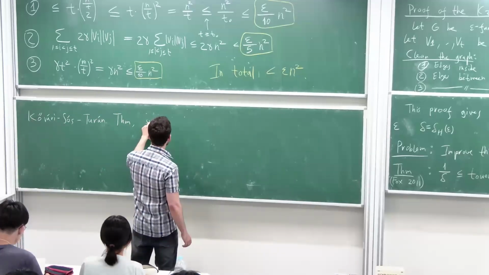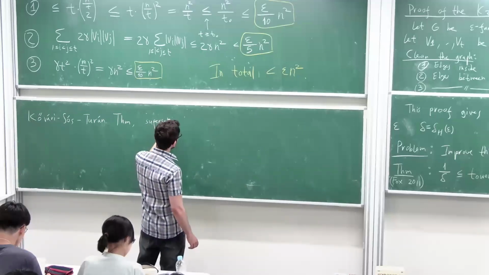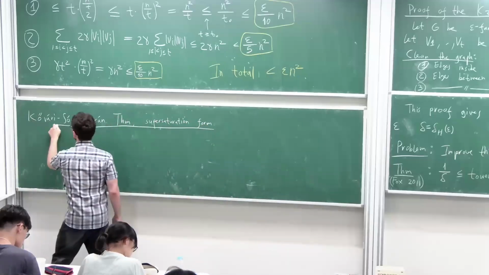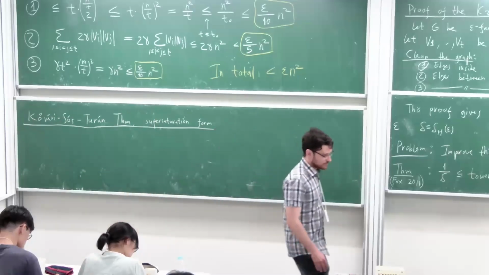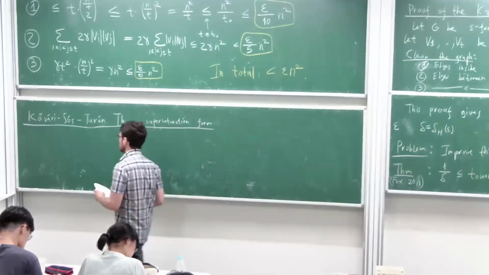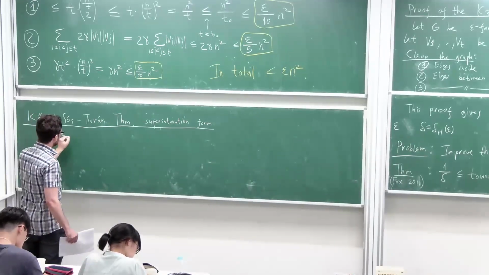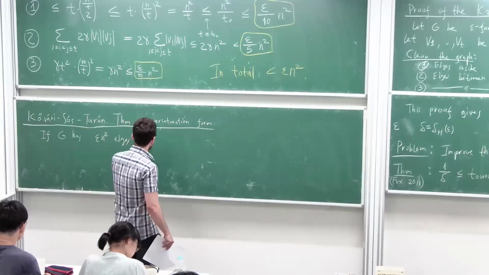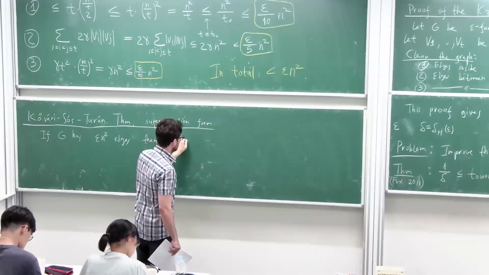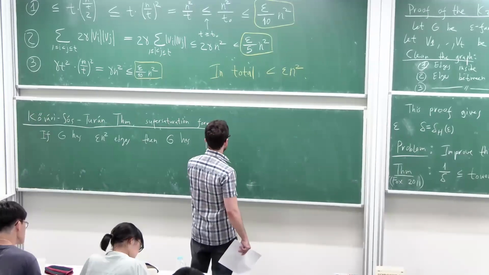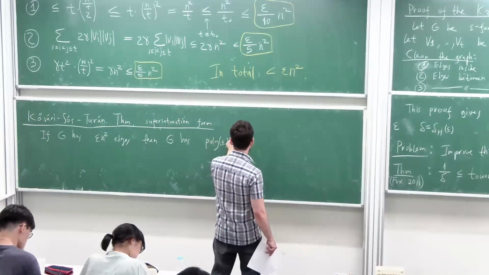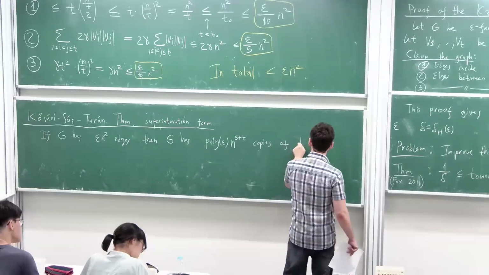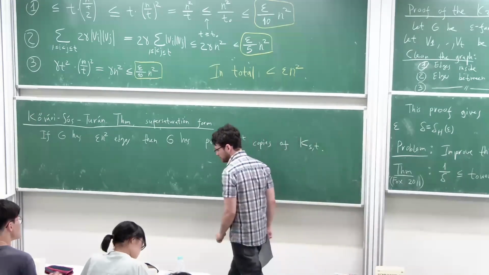I will need what's called the supersaturation form of this: if G has epsilon n squared edges, then G has poly(epsilon) n to the power s plus t copies of K_{s,t}.